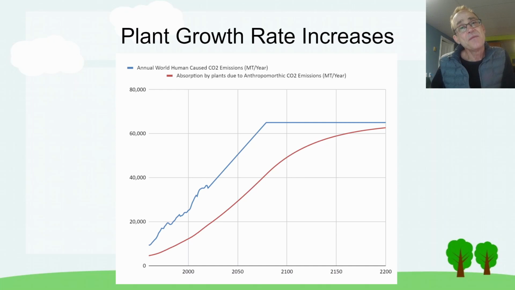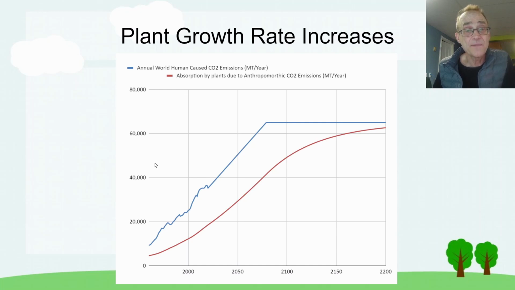From the data that made the previous slide, I calculated annual plant growth rates, or carbon dioxide absorption rates caused by human emissions. When we increase carbon dioxide emissions, the atmospheric levels increase. Increased atmospheric levels increases plant growth rates, which increases the rates that plants use the carbon dioxide that we are adding to the atmosphere.